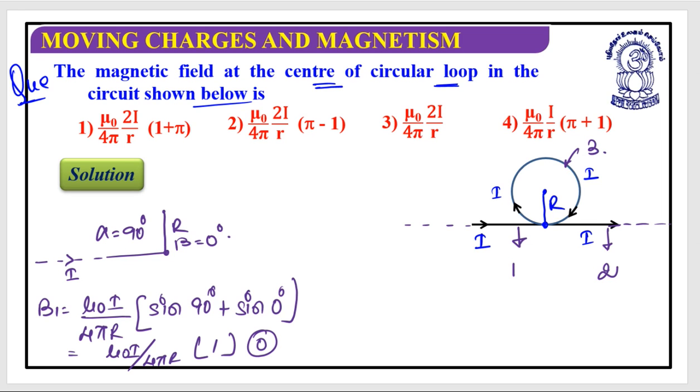Now what would be the situation with the second segment? It is almost the same. This is the point P where the magnetic field is required.